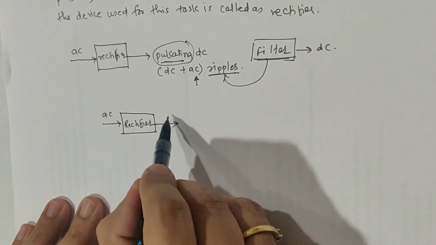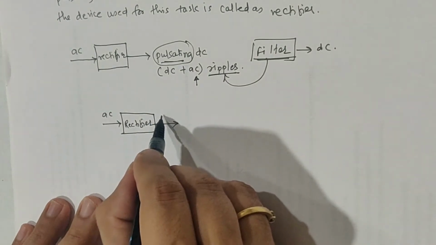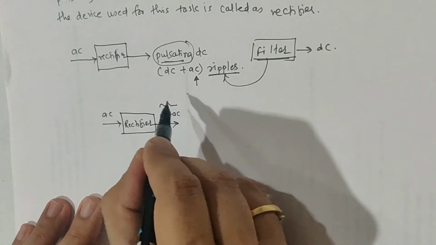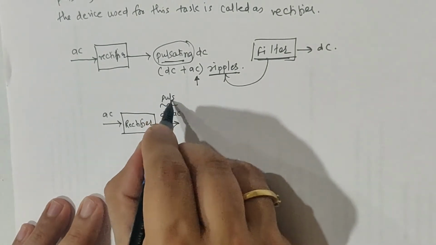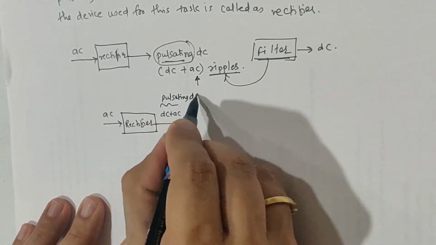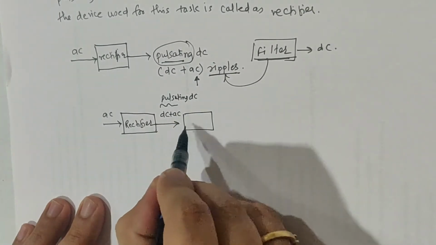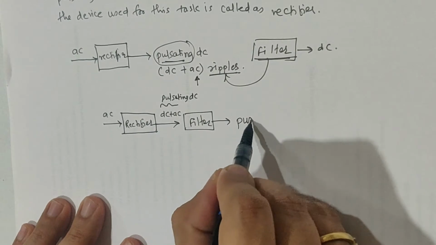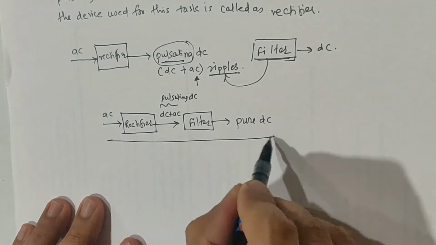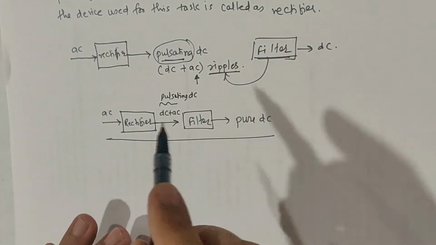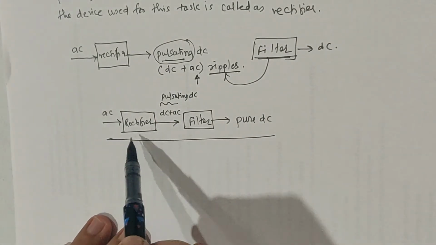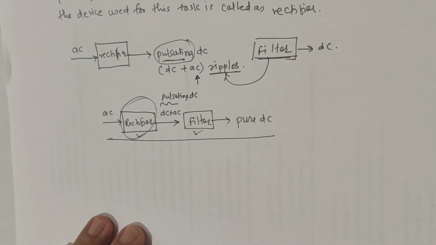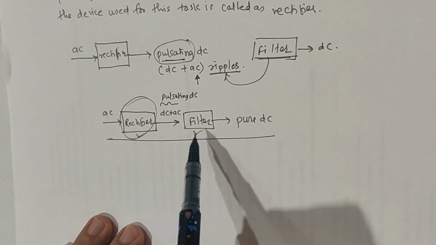Then you will be getting a pulsating DC, that I will say DC plus AC, and let us term it as pulsating DC, and that will be given to the filter, and then you will be getting a pure DC output. So we need to study both these things. We need to study the rectifier, we need to study the filter. So let us concentrate on the rectifier first, and then we will be moving to filters.